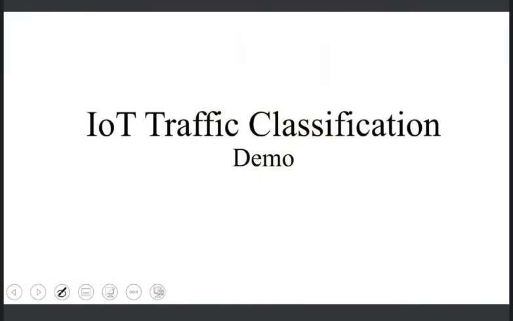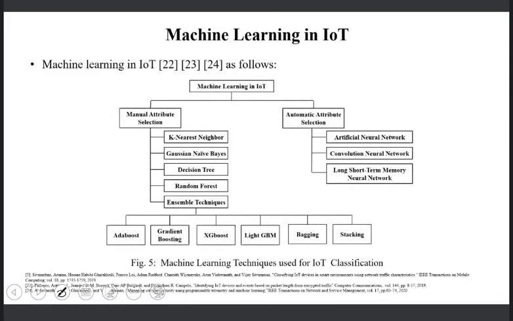So let's see how to classify the network, classify our devices, and what kind of steps we have to take care of. We have applied machine learning and deep learning approaches over the network traffic patterns. We have used both approaches, manual attribute and automatic attribute selection.